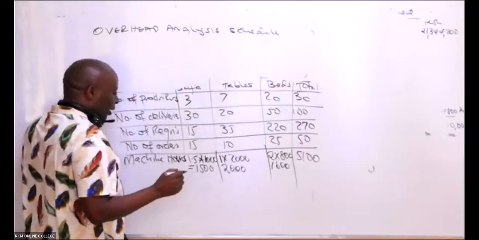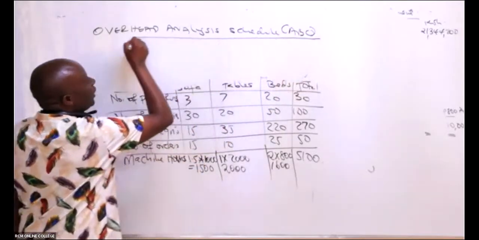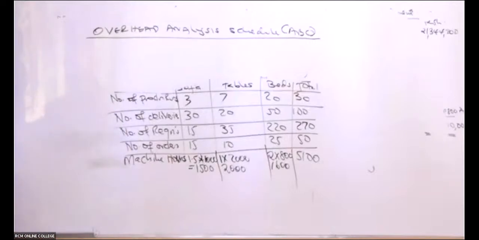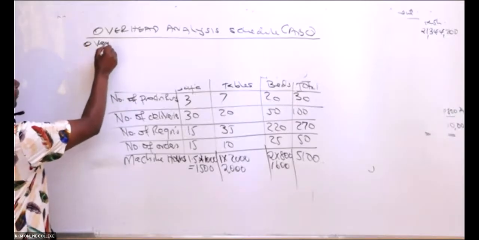And remember, we are using a very, very important model called ABC. So then you have your overhead here.